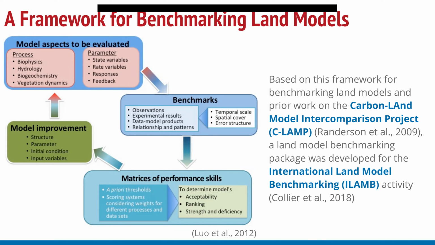This information is then fed into the process of model improvement, where we may identify missing model structures or errors in model parameters or poor initial conditions or problems with input variables. Once these model improvements are made, then we circle back around and perform the simulations and evaluate again.